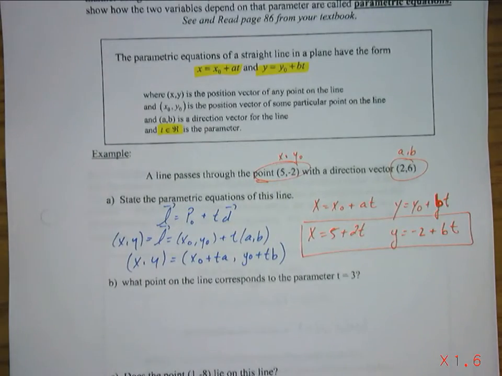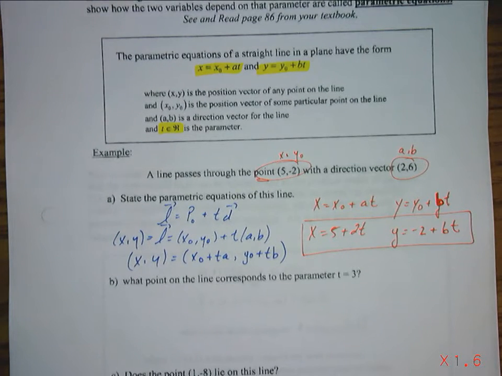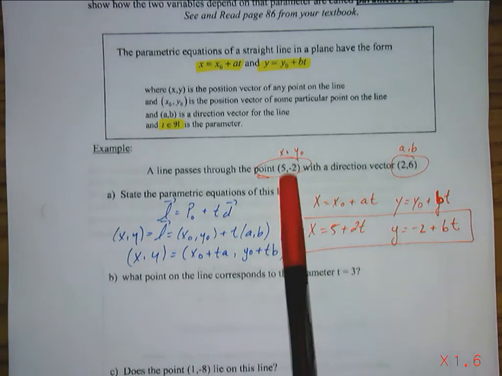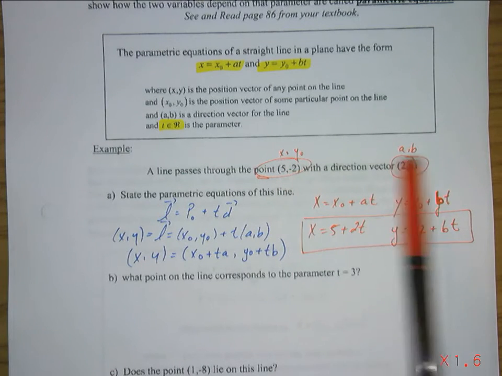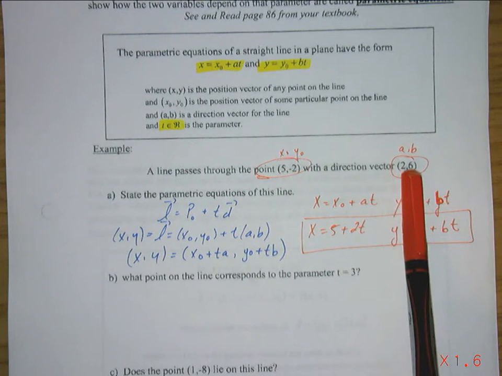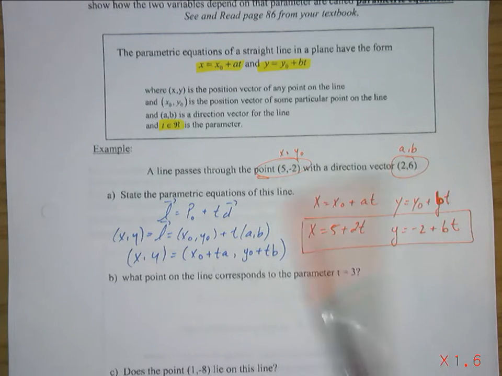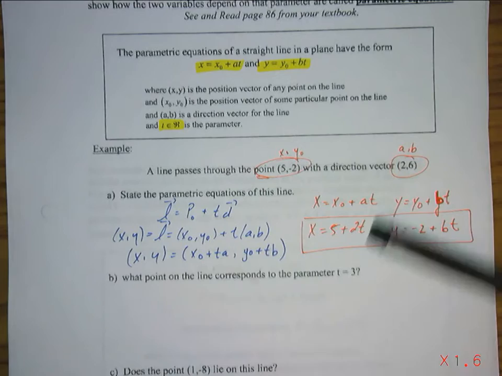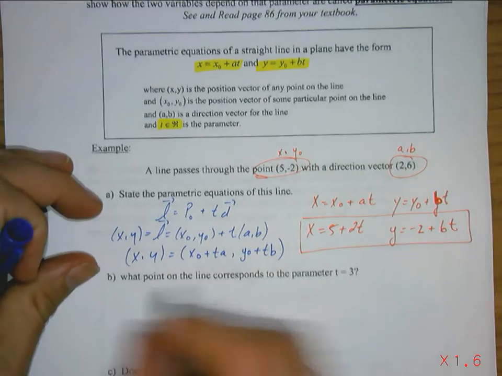What point on the line will correspond to the parameter t equals 3? Well, what that's saying is if we take this line and start at point 5 comma negative 2, and move 3 direction vectors down the line, what new point are we at? Well, we can use our parametric equations and just plug it in and come up with an answer.